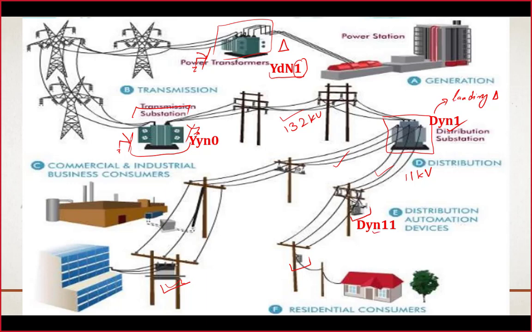N stands for neutral is accessible. Neutral is normally connected to the pole to make it ground. And 11 stands for the Y side leads the delta by 30 degrees. It means this delta should be a lagging delta. In this way, this is the vector group of all the transformers present in the power system.